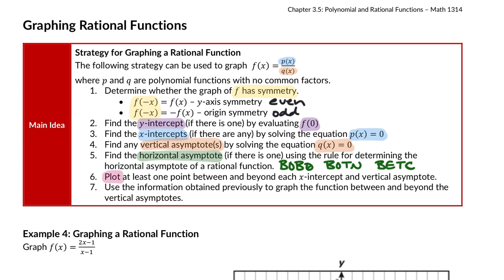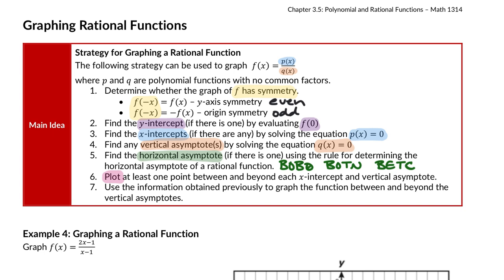So we're going to have to find some additional points to know where our graph belongs. It's pink, surrounding the x-intercept and vertical asymptotes. So sometimes that's finding 2 extra points, sometimes 3 or 4, it just depends on the kind of question you have. Those are your six information steps.